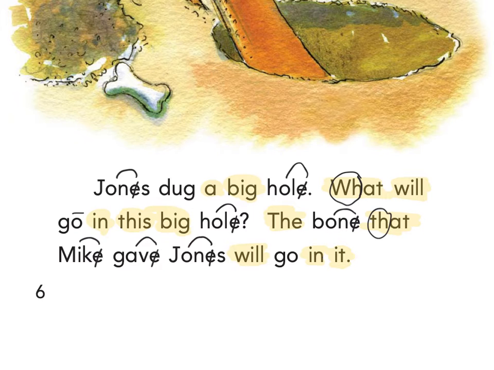Mark through the E, rainbow to the O, Jones. Will go in it. So we have Jones, dug, hole, go, hole, bone, Mike, gave, Jones, and go. Those are the words that we decoded together.